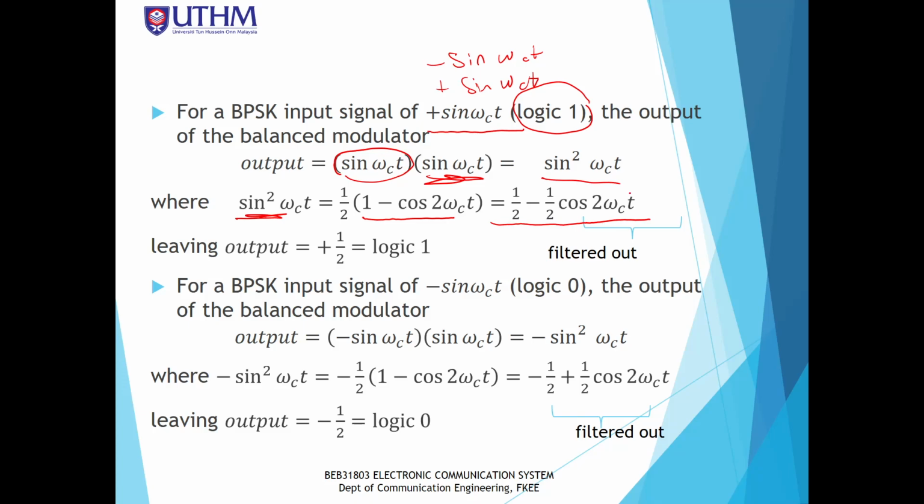Here is a constant value, and here is a high frequency signal. This is a DC value, 1 over 2 volt, and we also have the AC value, cos 2 omega ct.